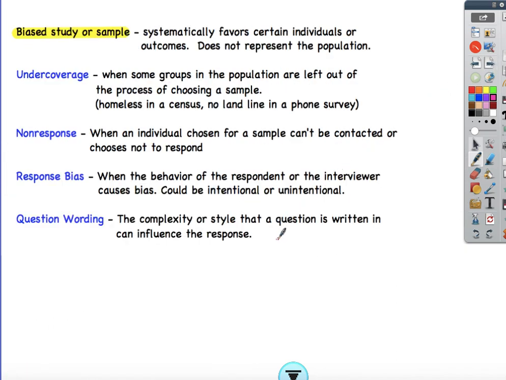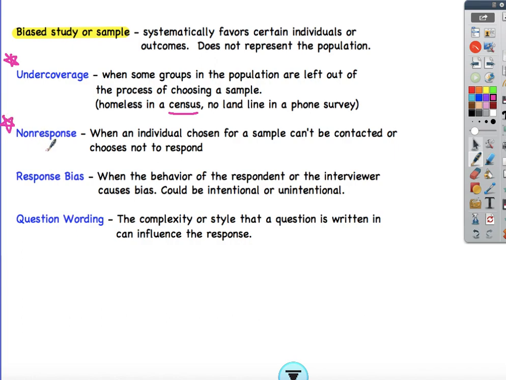And then this is just the different kinds of bias. Under coverage, that would be like, well, we just had the census just this couple months ago. I filled it out online. So under coverage, that'd be homeless people. They're not being represented because the census is talking about households.